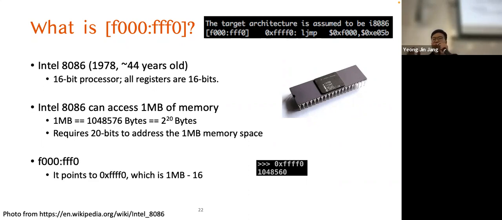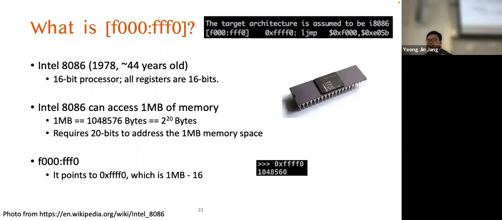But even in the 1970s and 1980s, 64 kilobytes was too small to be used in computers. So they would like to support at least 1 megabyte of memory. There was an engineering decision. At that time, even 1 megabyte of memory could cost like $200.